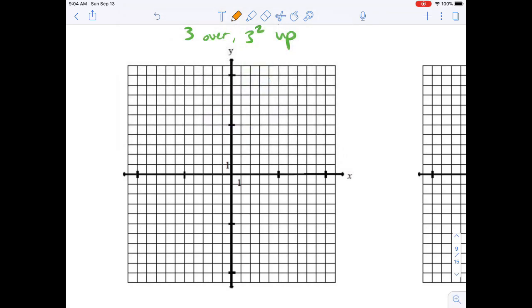So we start at -2 and -4, so that would be down right about here. And then I'm going to make my branch over to the right, so I go over by 1 and up by 1, back to my vertex, then over by 2 and up by 4, then back to my vertex, over by 3 and up by 9.